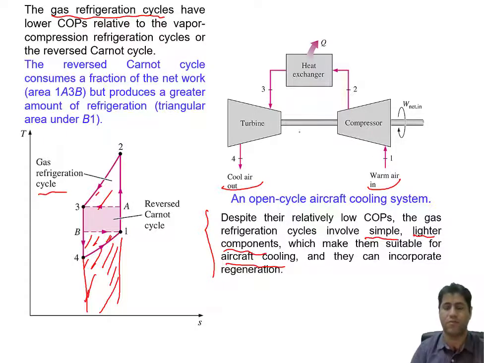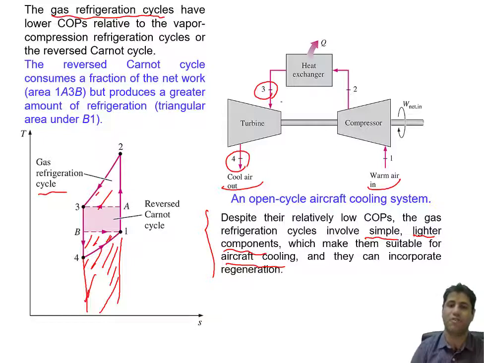We have a compressor and turbine, W net is given to the compressor, then it is compressed, it goes to the heat exchanger, the heat is rejected to the surroundings, and then the working fluid goes to the turbine, and cool air output is delivered, which is used to reduce the temperature inside the cabin of the airplane. So the temperature here, especially at the entrance of the turbine, will determine the temperature after the turbine as well.